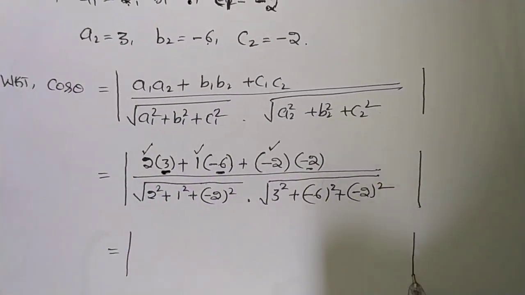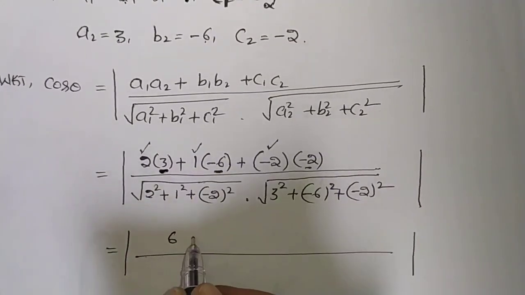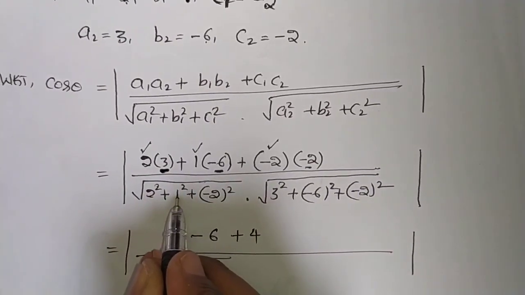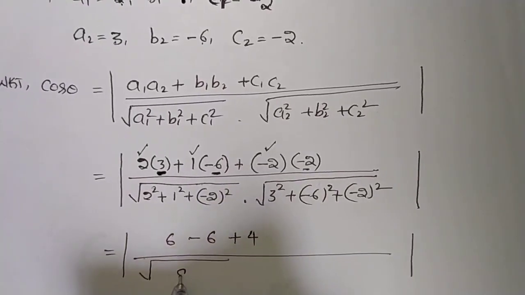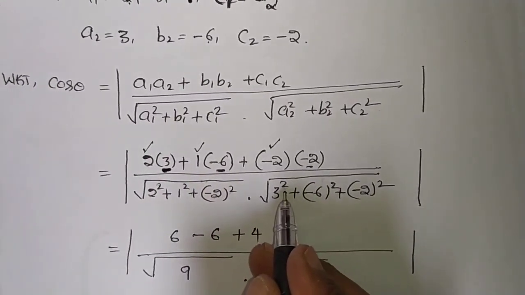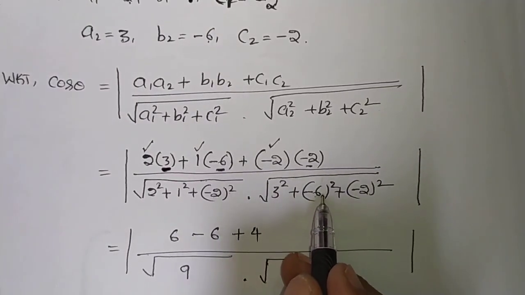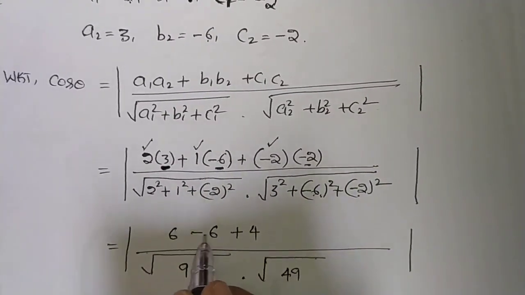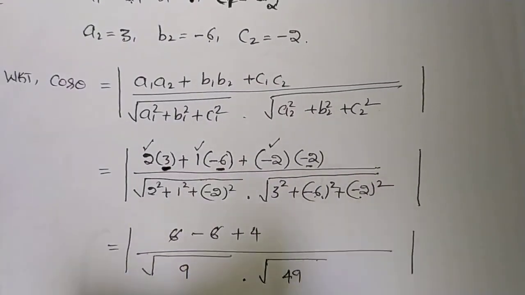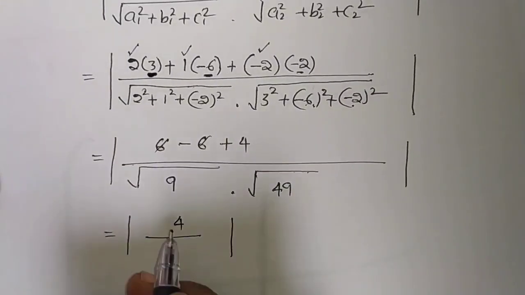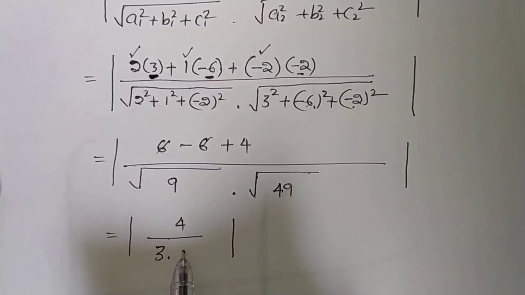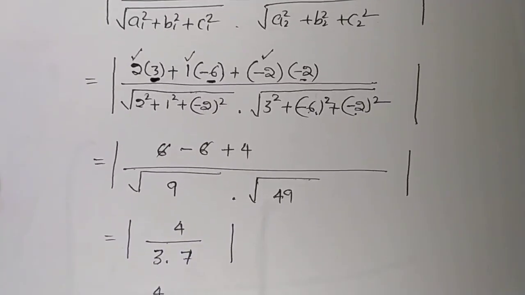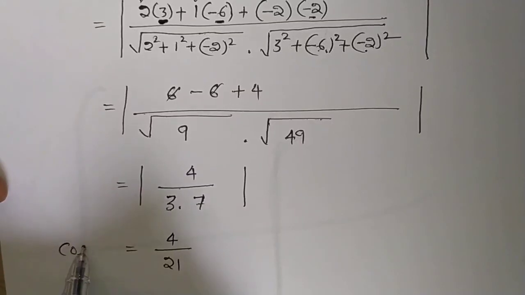That equals modulus of 2 into 3 is 6, 1 into minus 6 is minus 6, minus 2 into minus 2 is plus 4, divided by square root of 4 plus 1 is 5, plus 4 is 9, root 9, into square root of 9 plus 36 is 45, plus 4 is 49. The 6 and minus 6 cancel, so we get 4 divided by 3 into 7, that is 4 divided by 21. So cos theta equals 4 by 21.